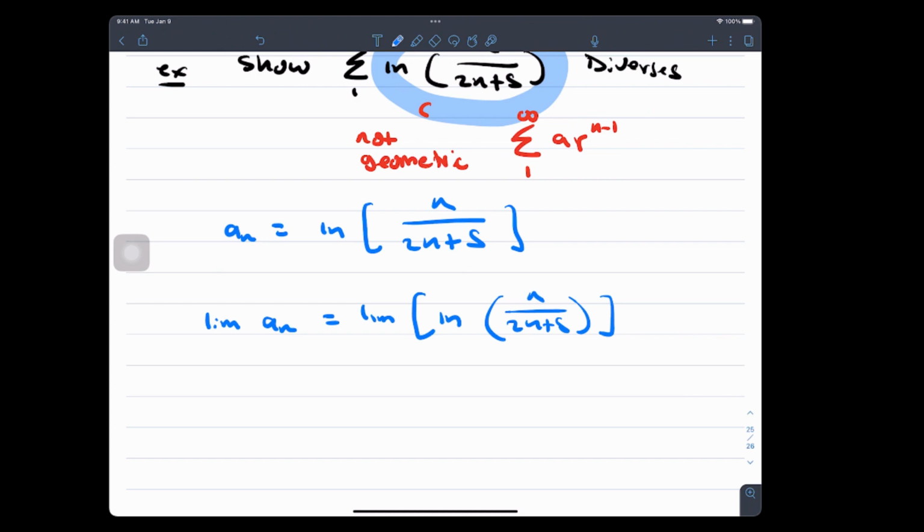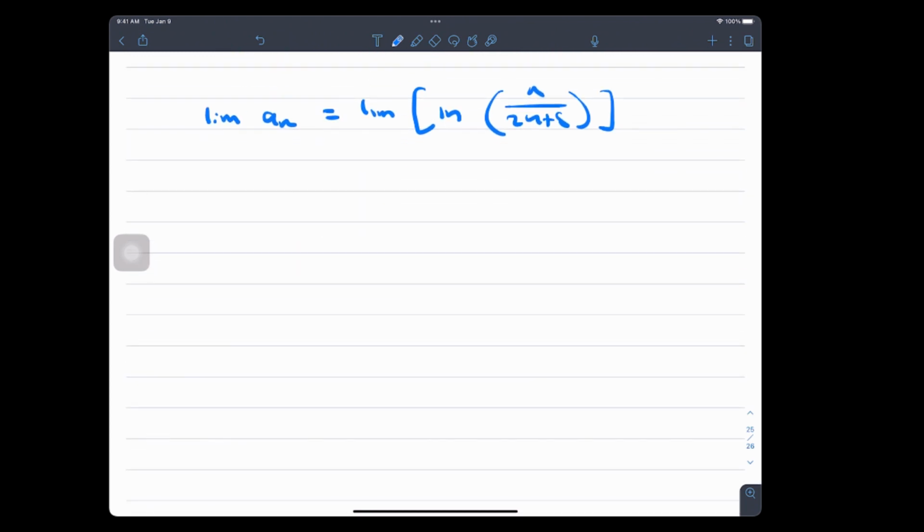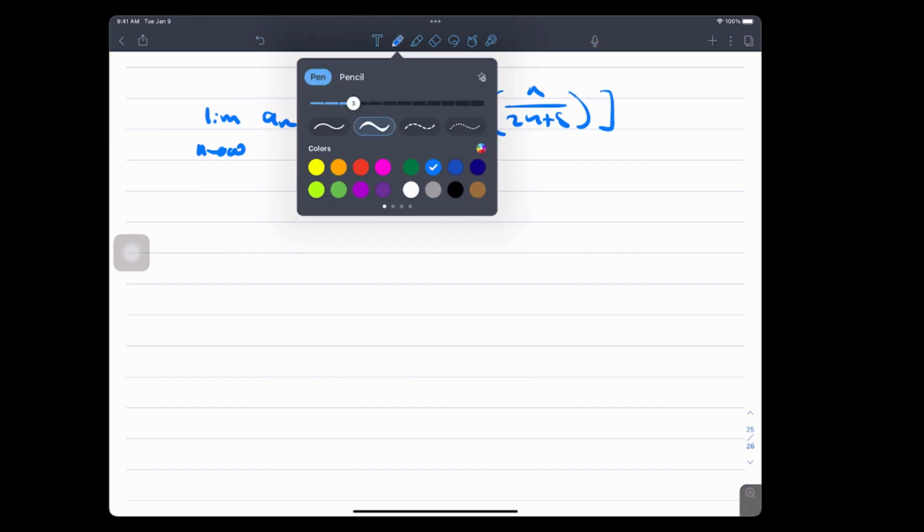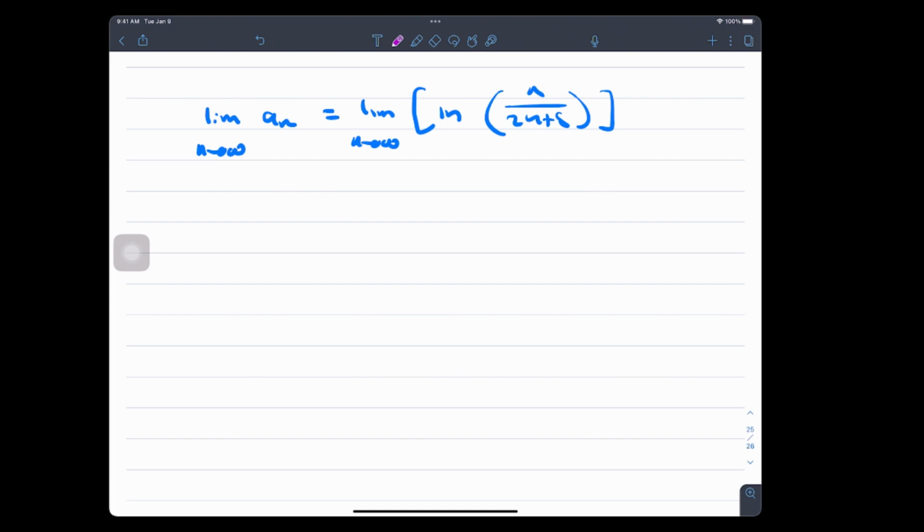What do you guys think? What's going on here? You guys know what this limit is? First of all, you need to note where n over 2n plus 5 goes to as n gets big. Does that go to 0, or does it go to 1/2?